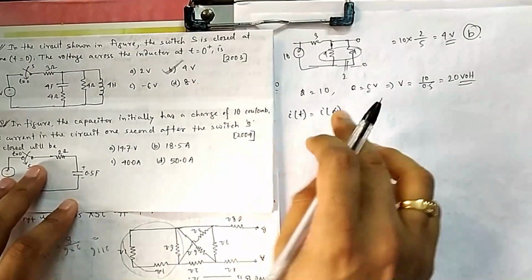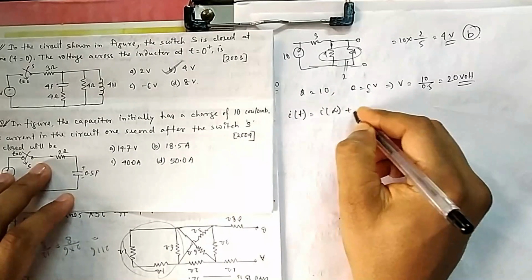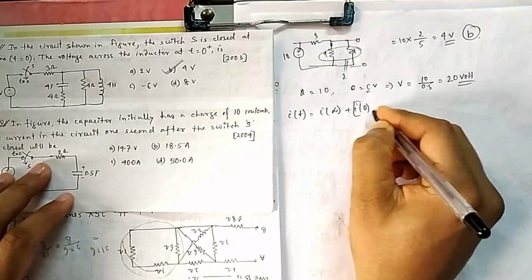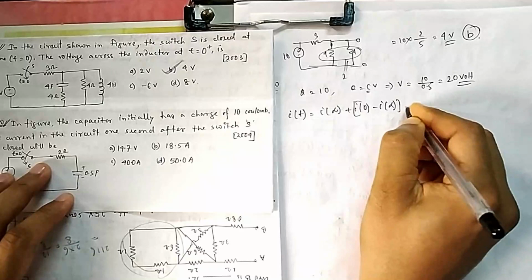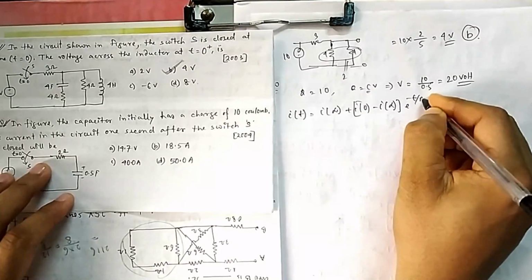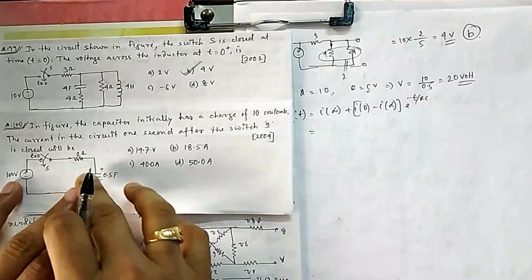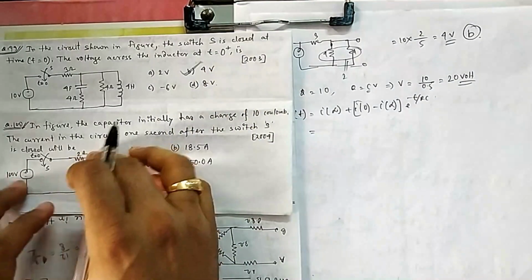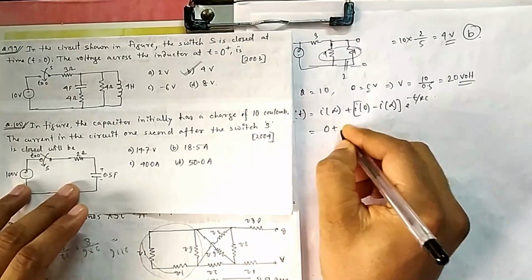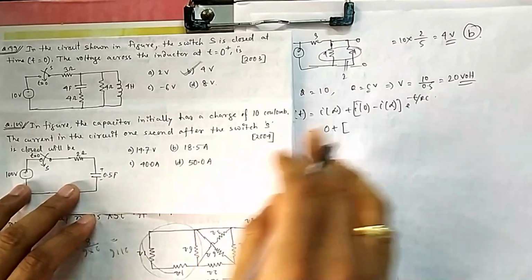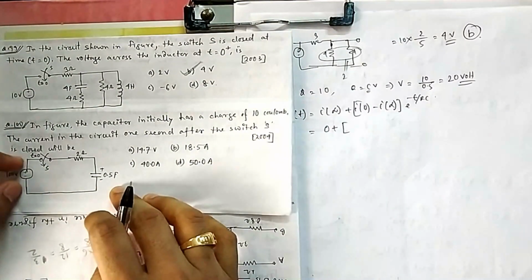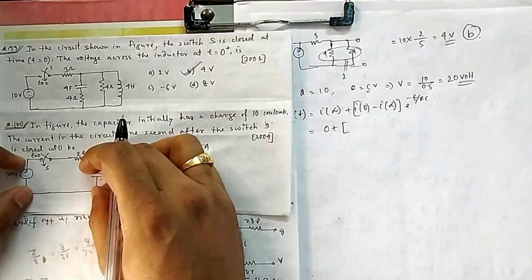You have to take care which current you are writing. This current: this initial current minus this final current, to the power minus t by time constant of that one, RC. So what will be the I infinity here? If you keep it on for infinite time, it will be fully charged. No current will flow through it. So this is 0. Now what is I0? At the initial time, this is 100 and this is already charged 20.